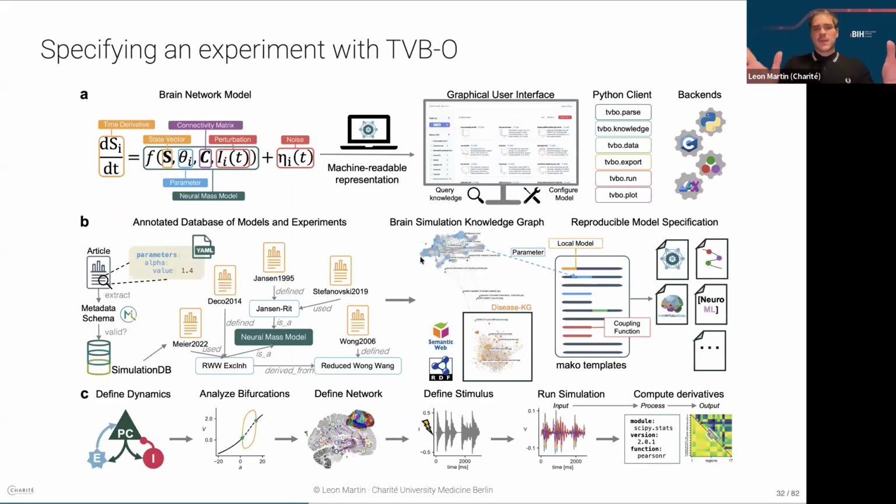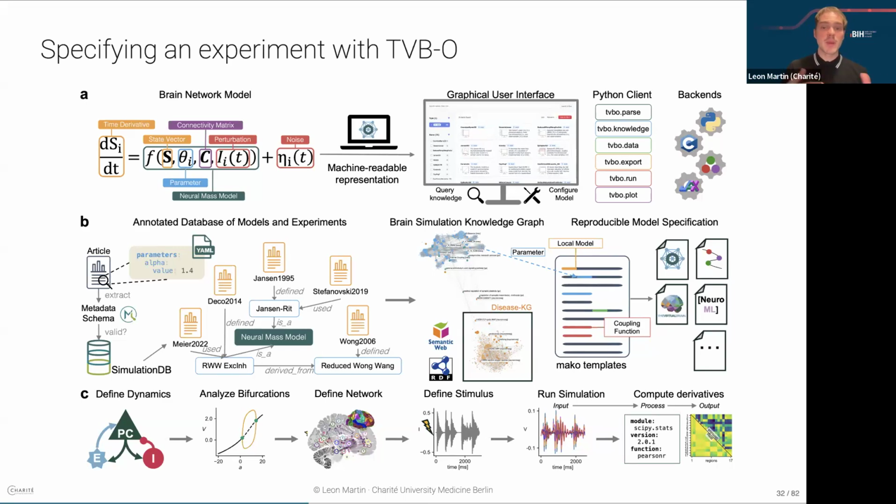So this is the framework of TVBO. We can maybe go into detail a little bit later. So we have the annotation of the different building blocks. We have a database and backends that can then be used. We have a database of models and experiments that are using the framework of whole brain network models.